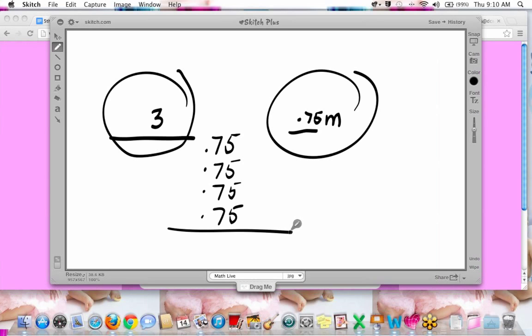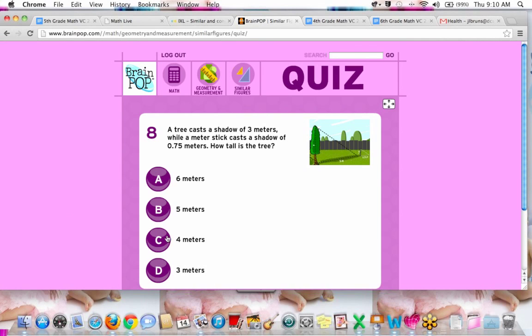Sorry, Nicholas, say that again. You need to add 2.25 to 0.75 to get 3. That's right. So would you say that maybe it's about 4 times bigger? Because that's exactly what I did, I just broke this number up and then I'm adding it all up. And it would be about 4 meters, right? Because it's about 4 times bigger.